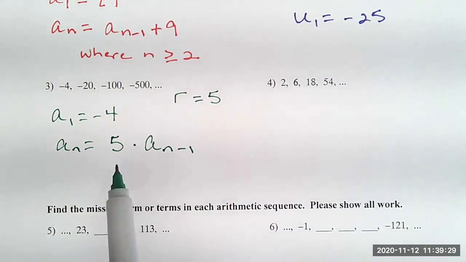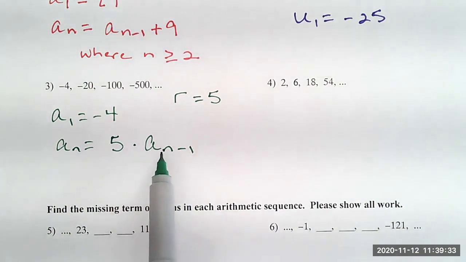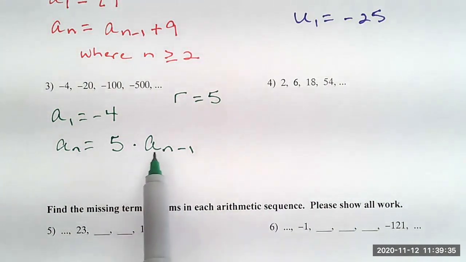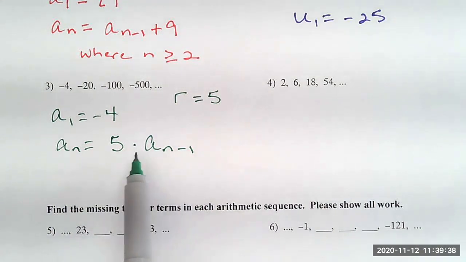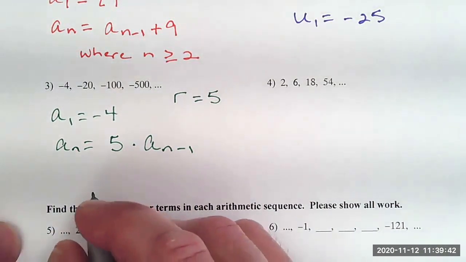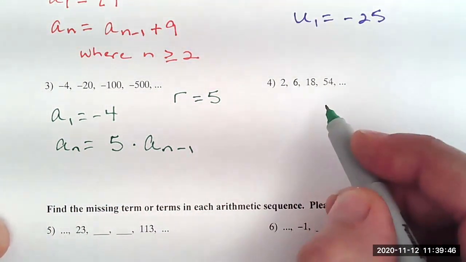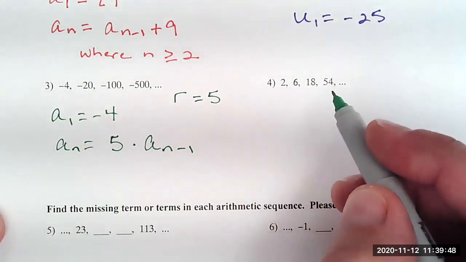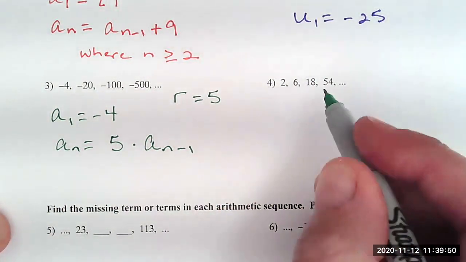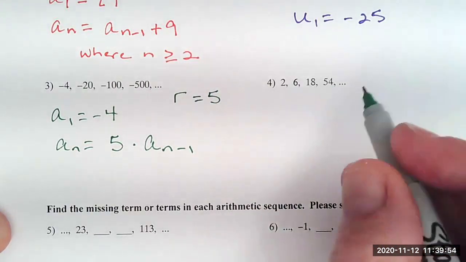Either way, again, multiplication and addition is commutative. So it doesn't matter if I put the ratio in front or if I put it after. Where n is greater than or equal to 2. The next one also is geometric. 6 divided by 2 is 3. 18 divided by 6, 54 over 18.